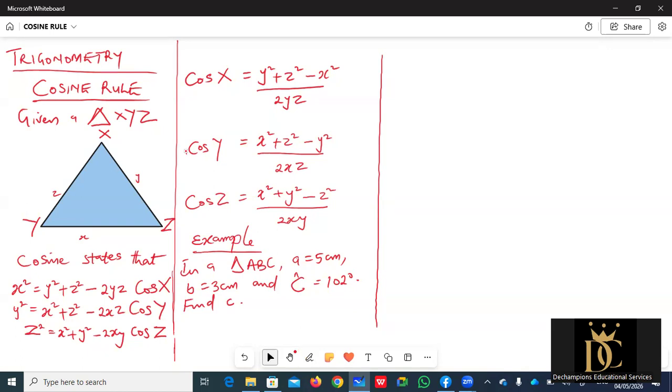You cannot use sine rule for this kind of question. You can only make use of cosine rule. Don't worry, when we get to a question that combines sine rule and cosine rule, you will understand better how to choose the rule that will suit a question.